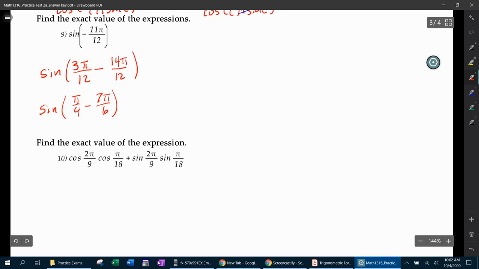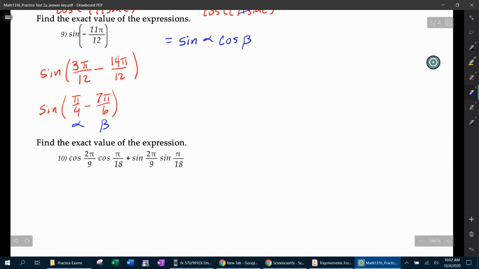Hey, those are unit circle angles. So here we now have sine of alpha minus beta, and we can use a sum and difference formula. Okay, so we're looking for the sum or difference formula for sine of alpha minus beta. And that is sine alpha cosine beta.